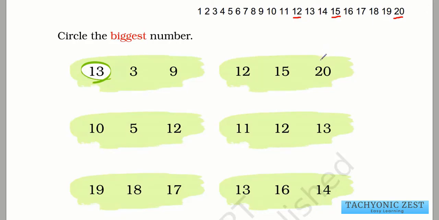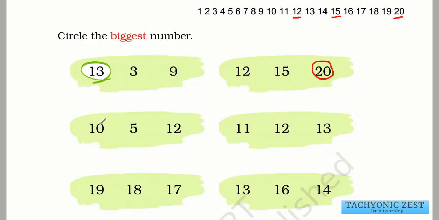So 20 is the biggest number. Or even if we count from 10, so 10 11 12, then 13 14 15, then 16 17 18 19 and 20. So 20 comes after 12 and 15, so 20 is the biggest number out of all these three numbers.